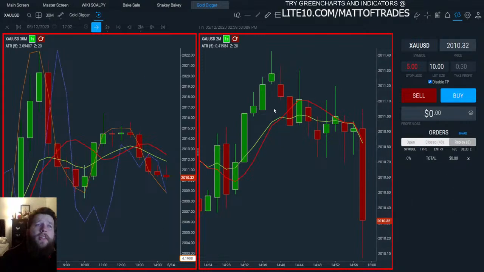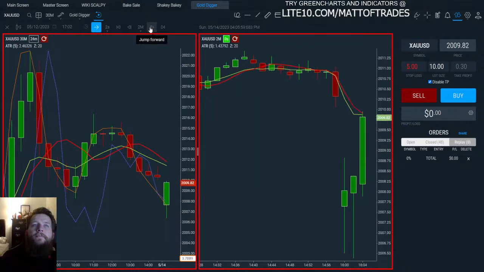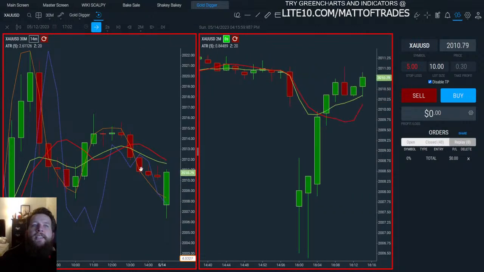We're profitable like that, but okay. So now we're basically just taking the signal off of the TNT lines, but our pressure has to agree generally. I like this.